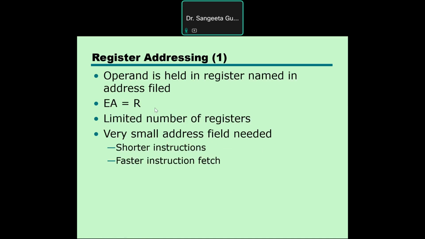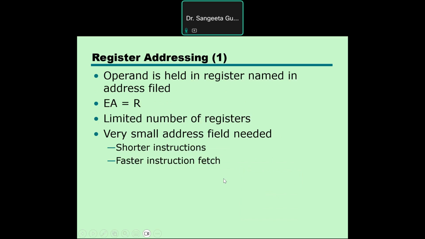Coming to the next addressing mode, we have register addressing mode, where the operand is present in a register of a computer. Hence, the effective address represents the address of the register where an operand is located. There are a limited number of registers here and the address field required will be very small in nature.